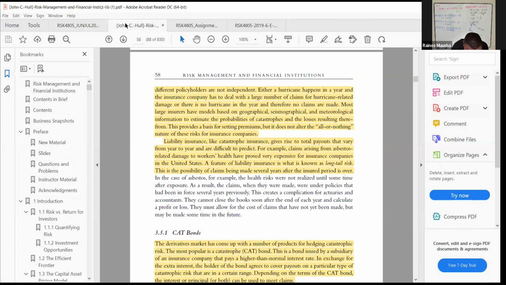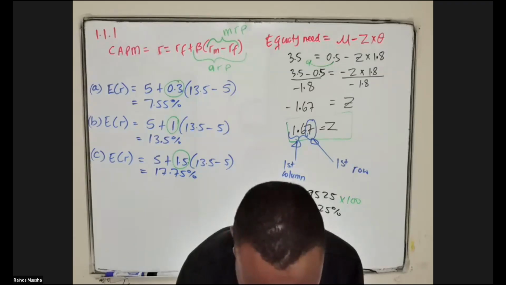In this case, the feature of liability insurance, which is what we discussed here, the long-tail risk, is basically the one that is responsible for the most risk. I need to cross-check something here.